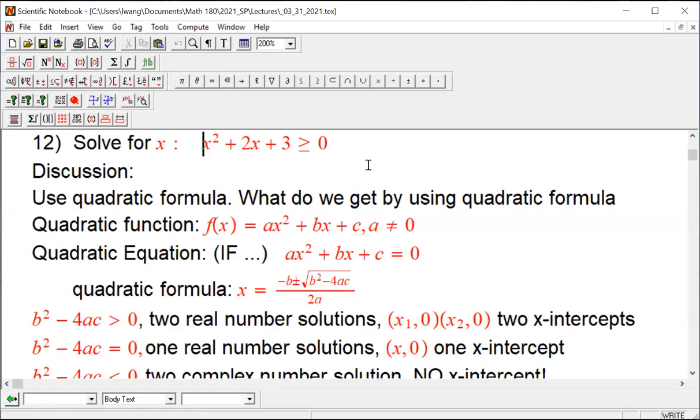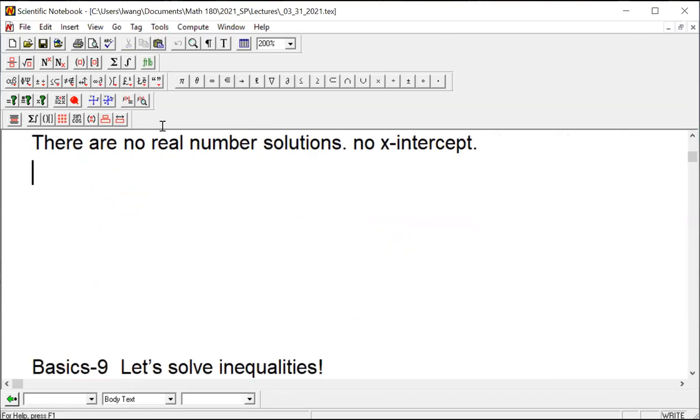So now can you picture in your mind, before you grab that graphing calculator, that parabola that opens up but doesn't touch the x-axis? Can you picture this function?